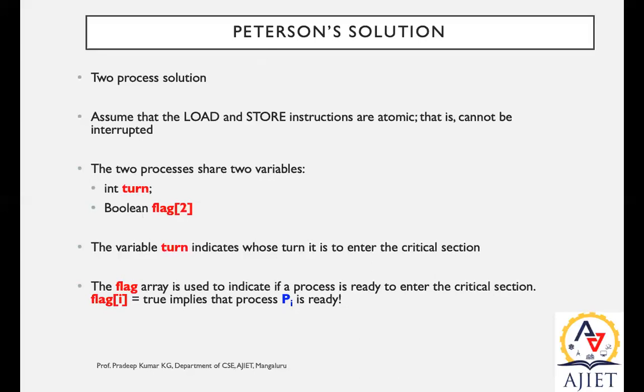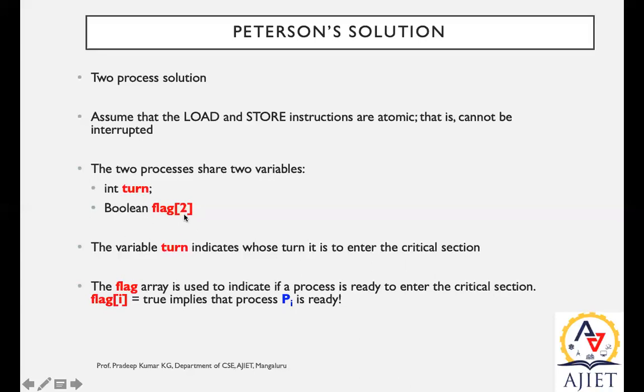Turn is an indicator variable to identify the individual process that is to enter into the critical section. Turn is an integer variable that will hold a process ID. It indicates whose turn it is to enter the critical section.